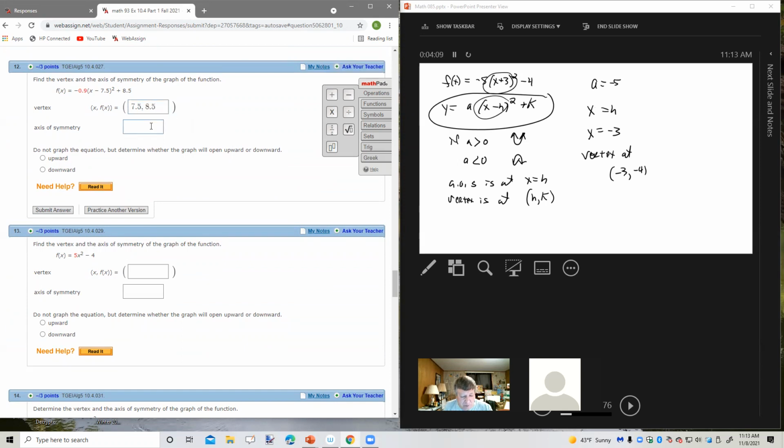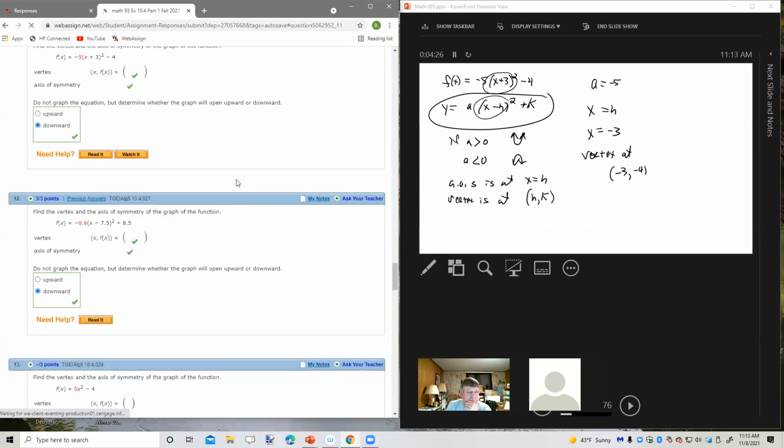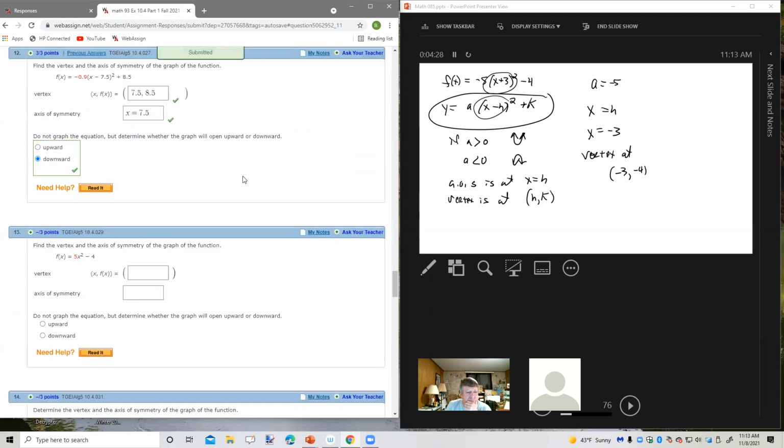The axis of symmetry is at x equals the h value, which is 7.5. Since a is negative, this opens downwards. Any questions on that?